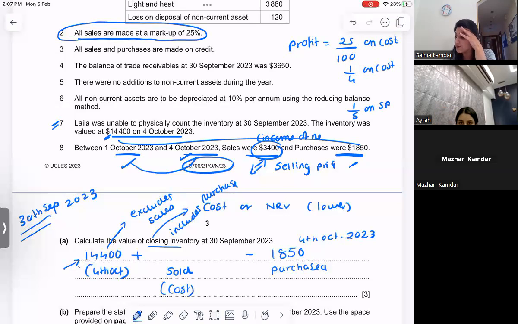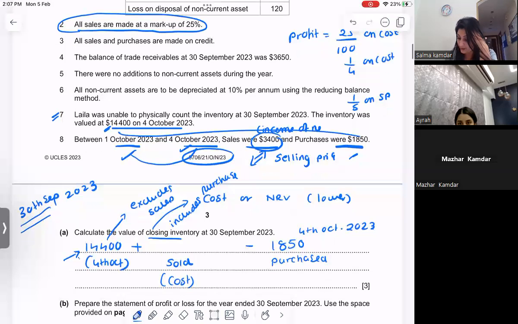So what is the profit? 680 is the profit that is included in 3,400. So 3,400 minus 680 is how much? 2,720.